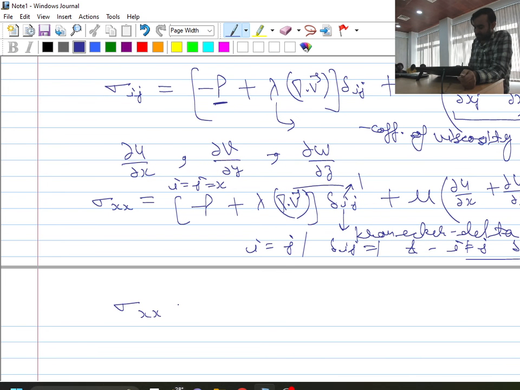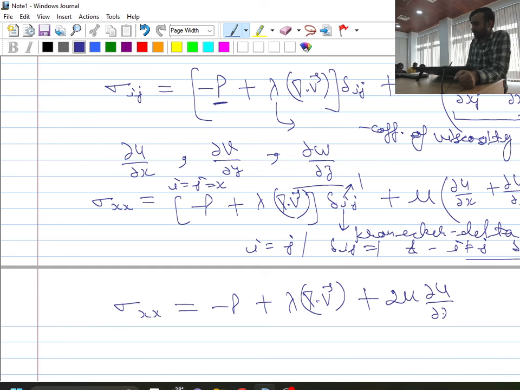So ultimately, the value of sigma xx becomes equal to minus p plus lambda times the divergence of the v vector plus 2 mu times del u by del x. Is this point clear? Over here, you can see this is nothing but our thermodynamic pressure.